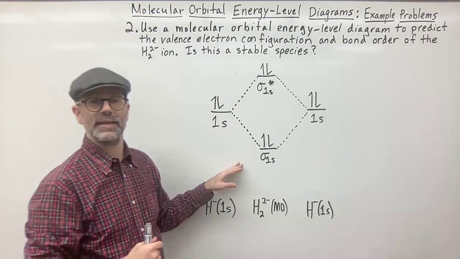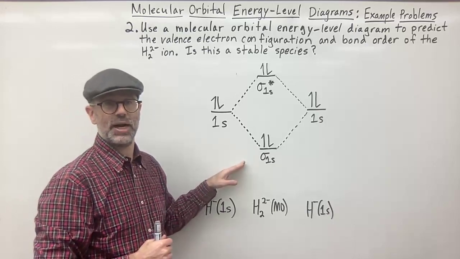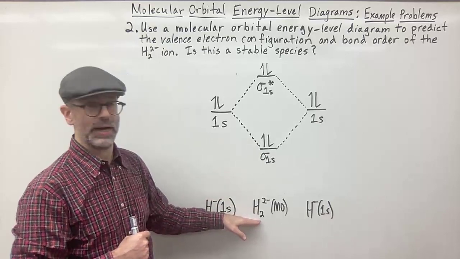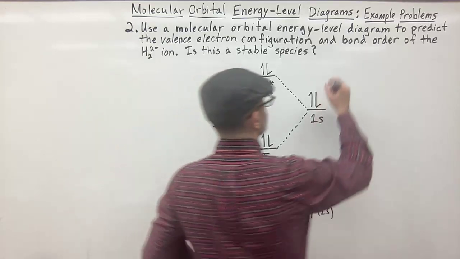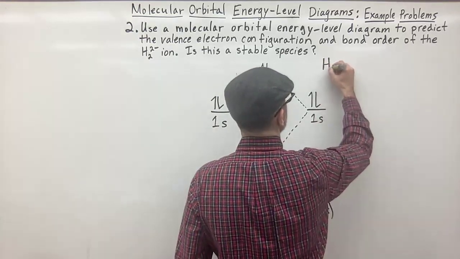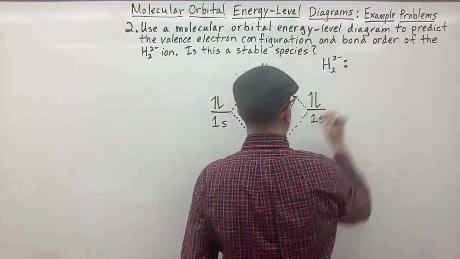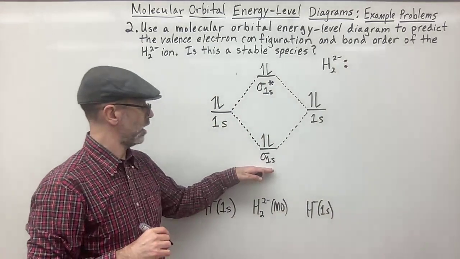So now we can get the valence electron configuration for the H2 2 minus molecule. So that's going to be, let me write it up here, H2 2 minus. And we're going to start at the lowest level.